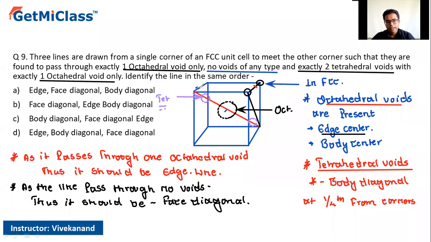So therefore, as a line passes through 2 tetrahedral voids and 1 in the center, which we have as an octahedral void, the last one should be a body diagonal.